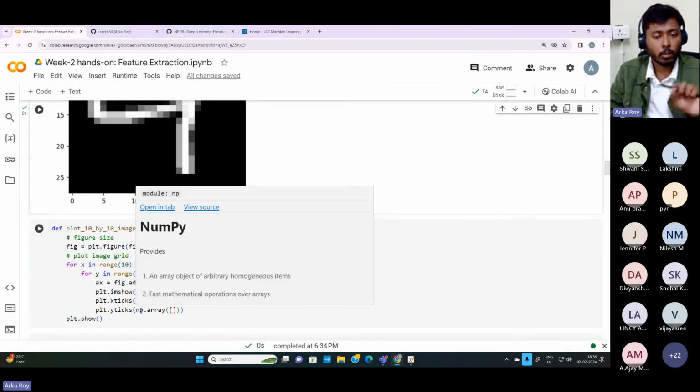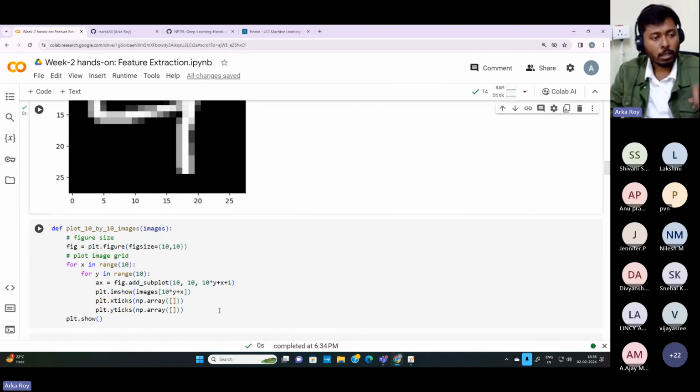It will start with, let's say, column 1, then inside column 1, row 1, row 2, row 3, like that it will go to the 10th position. Then the next loop, column 2, and then again row 1, row 2, row 3. By this process it will fill all the images.